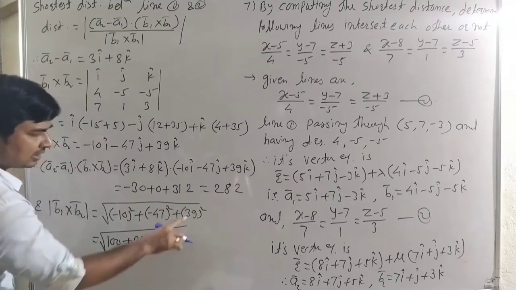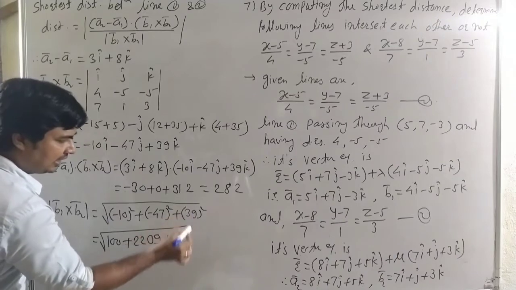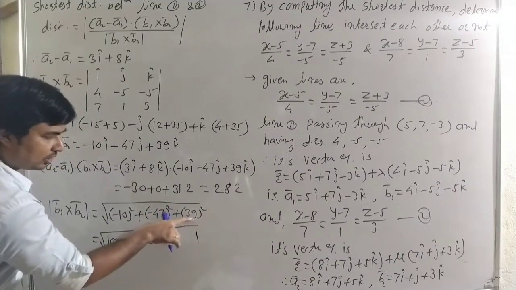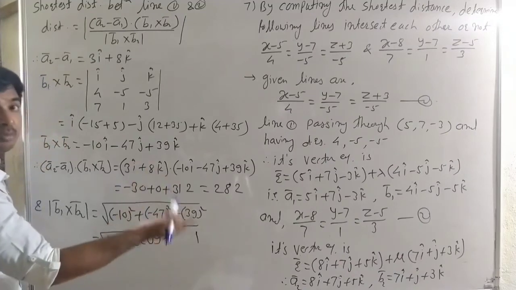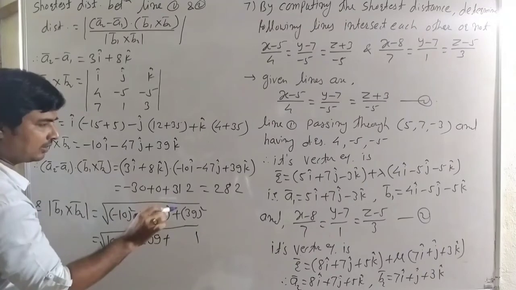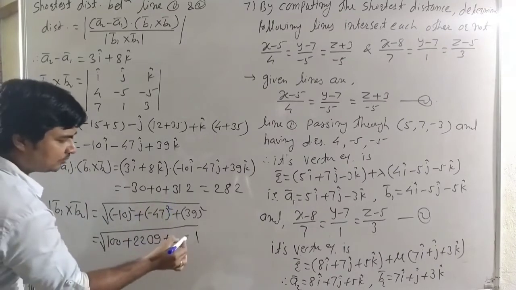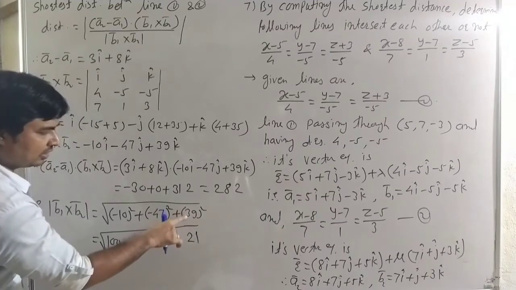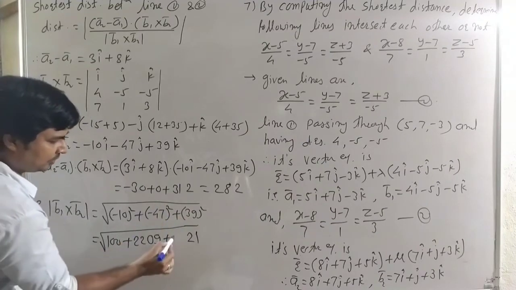Okay, plus 39 square. 9 square is 81, carry 8. 3 into 9 is 27, doubled is 54, and 54 plus carry 8 is 62, carry 6. And 3 square is 9, 9 plus 6 is 15.